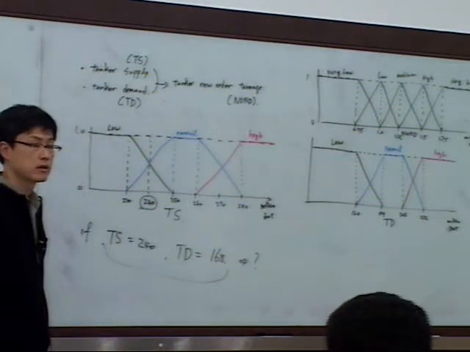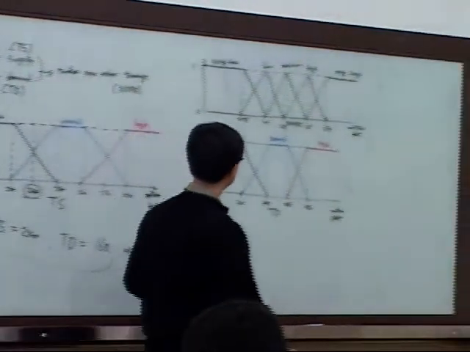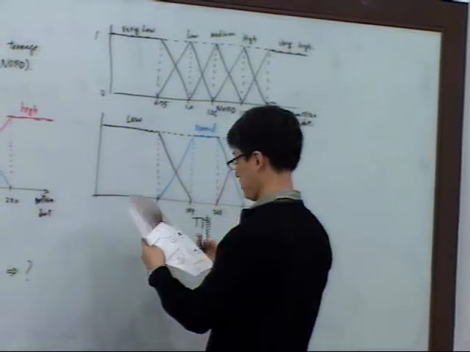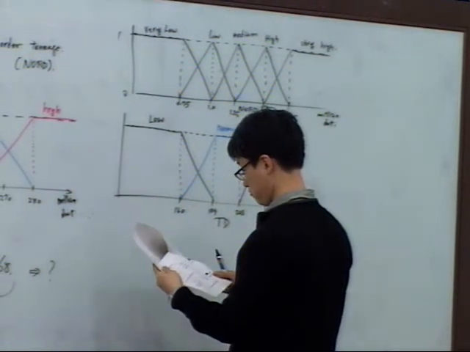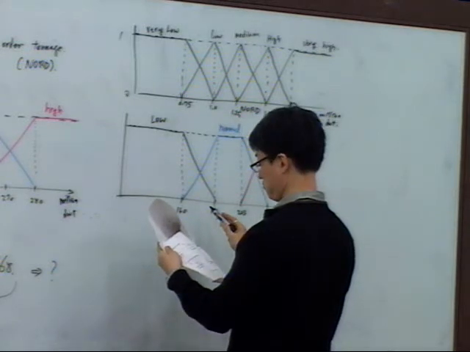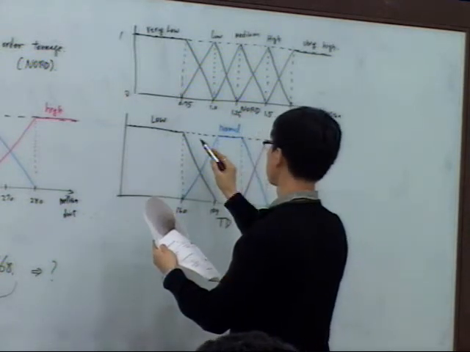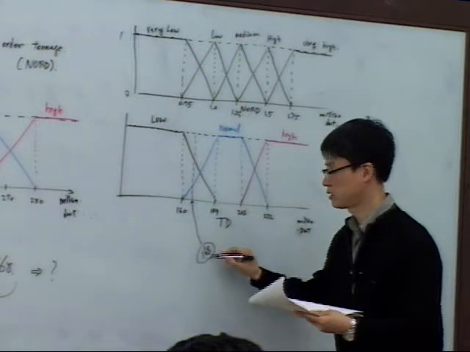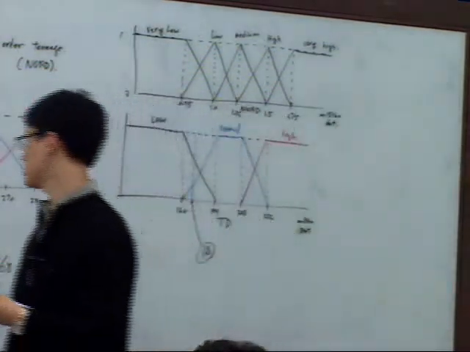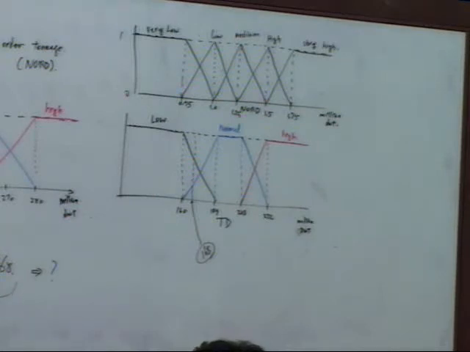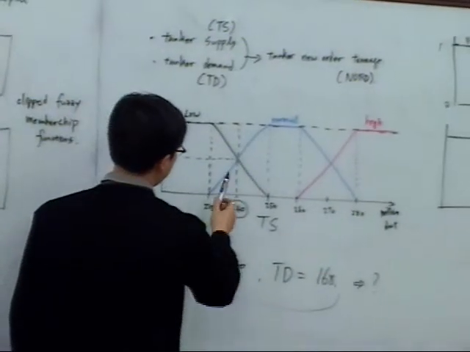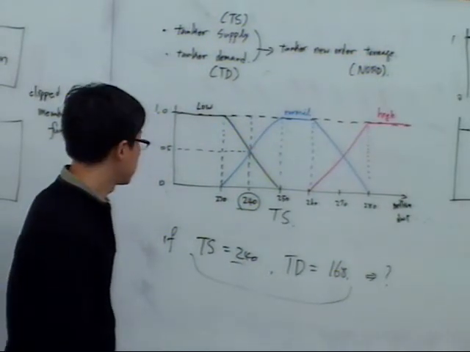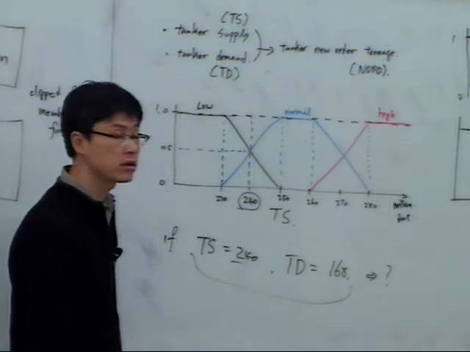This is 240. This is 168. Okay? Fuzzification means this. For 240, because this is exactly 0.5, we have 0.5 of low in TS and 0.5 of medium, normal in TS.